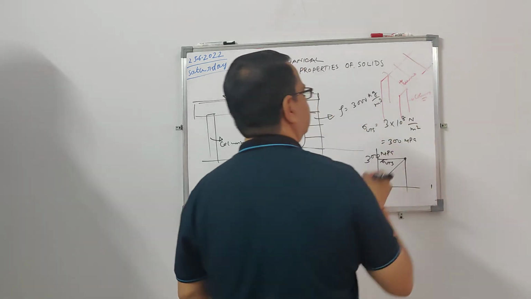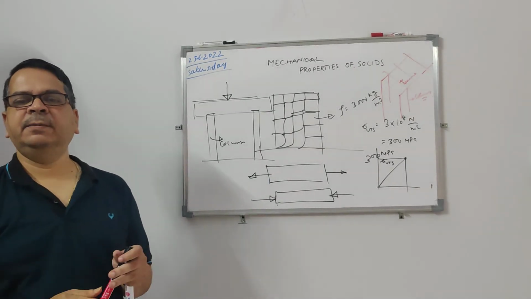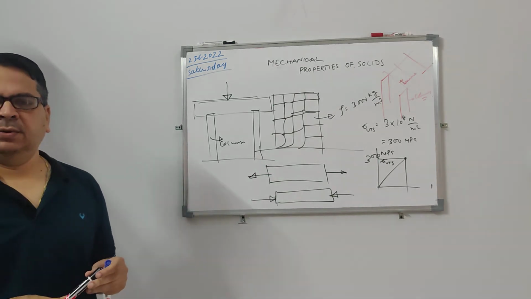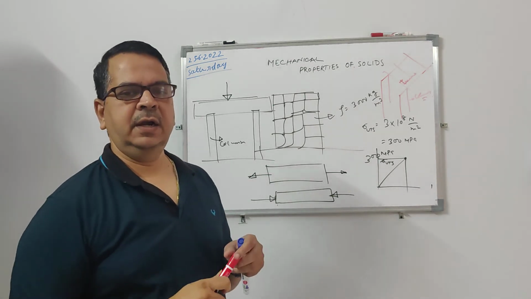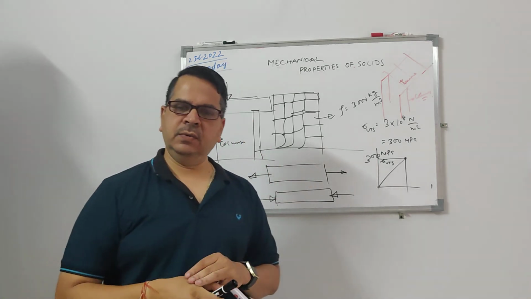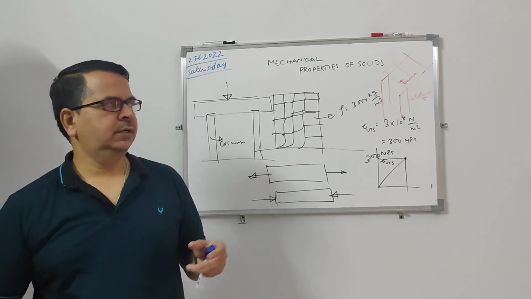So how do you design a building? You will have different types of load: live load and dead load. The dead load is the structural weight which will always be there.